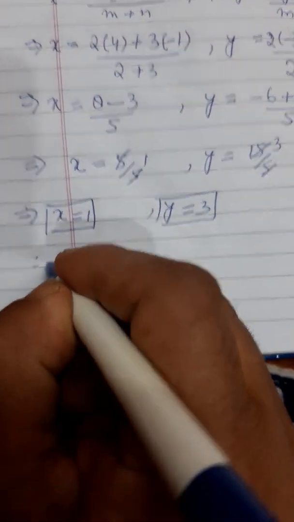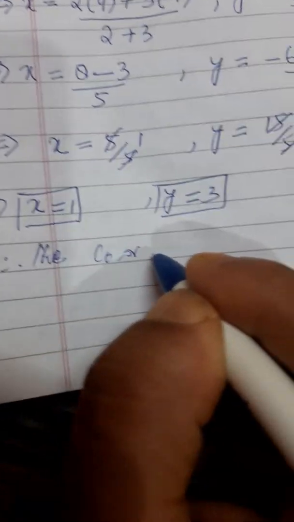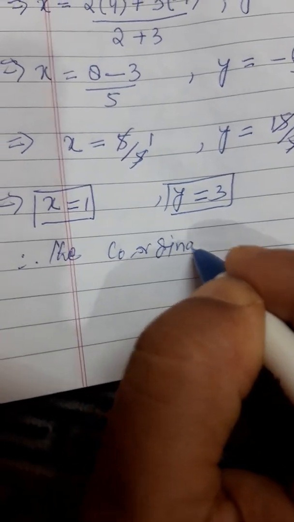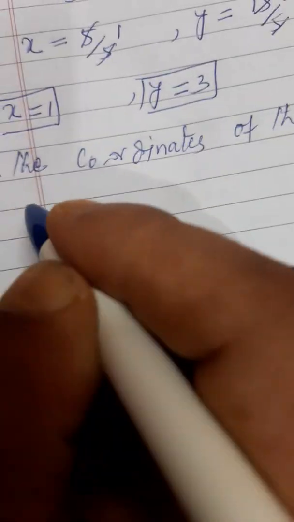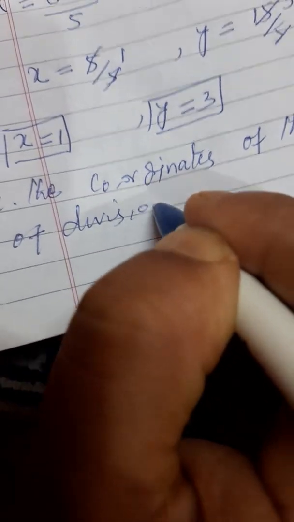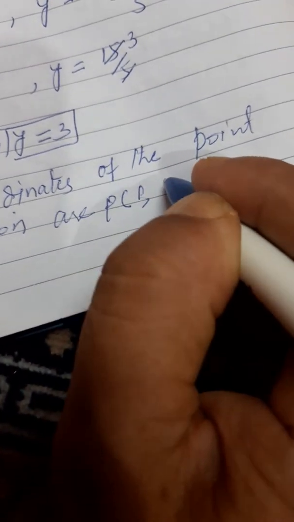So we'll write here the coordinates of the point of division P, and P has x and y, x has value 1 and y has value 3.